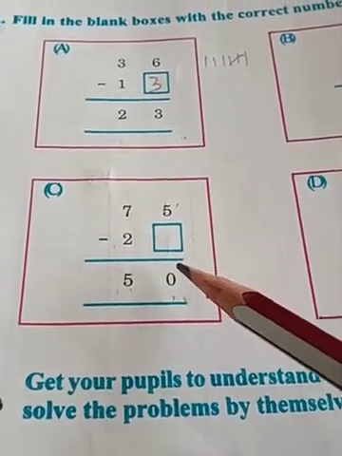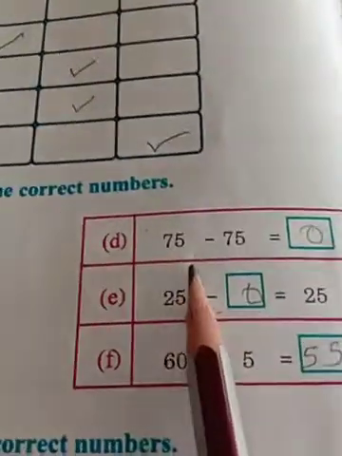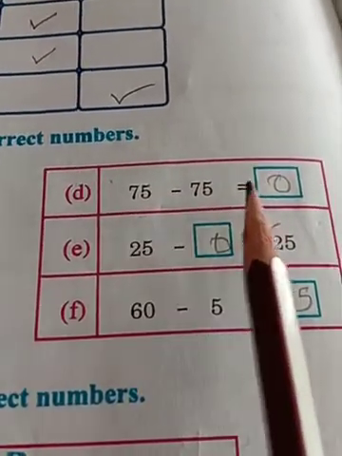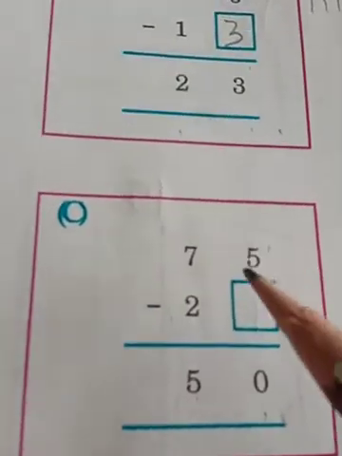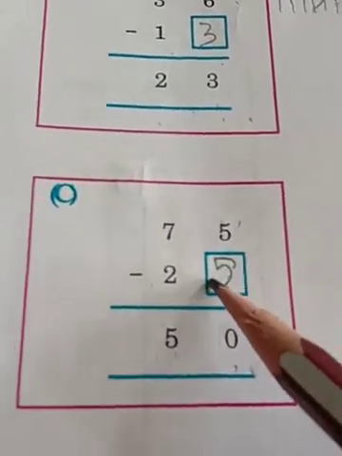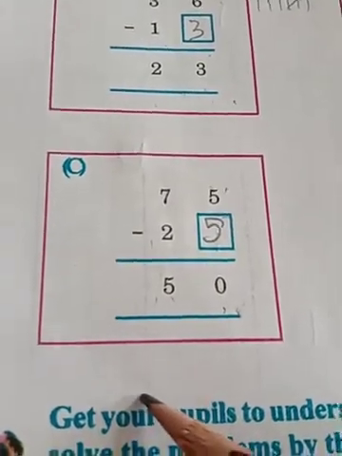Here observe, the same number subtracted will become 75 minus 75 equals 0. Same like 5 minus 5, 0. Understand?